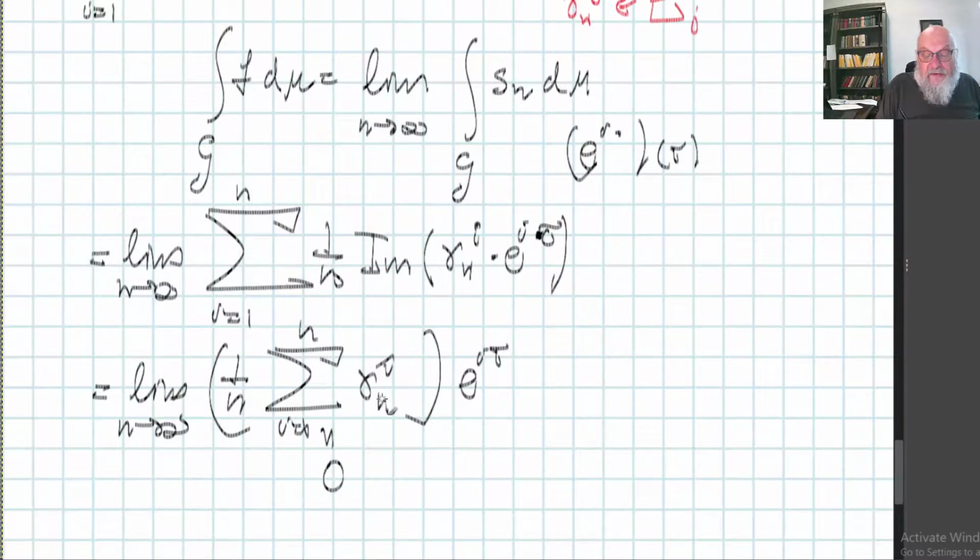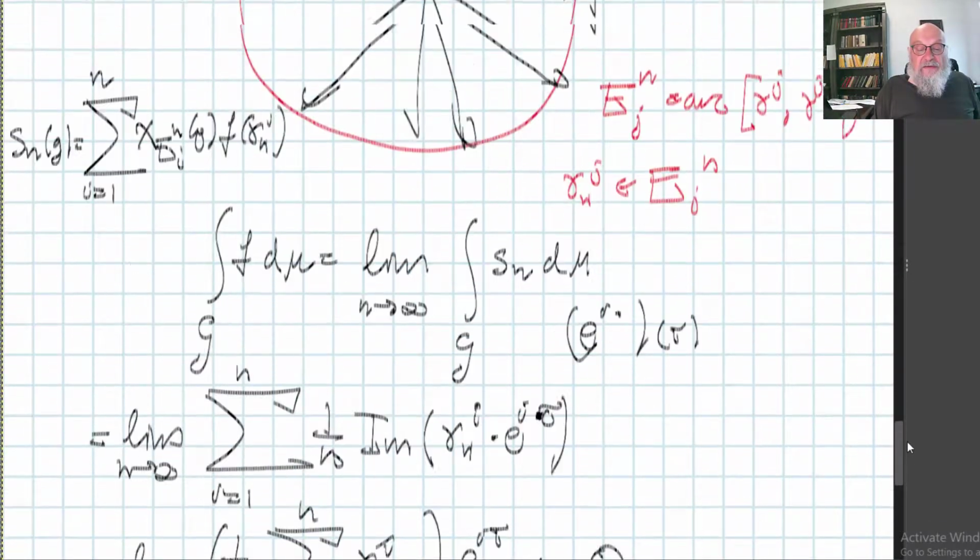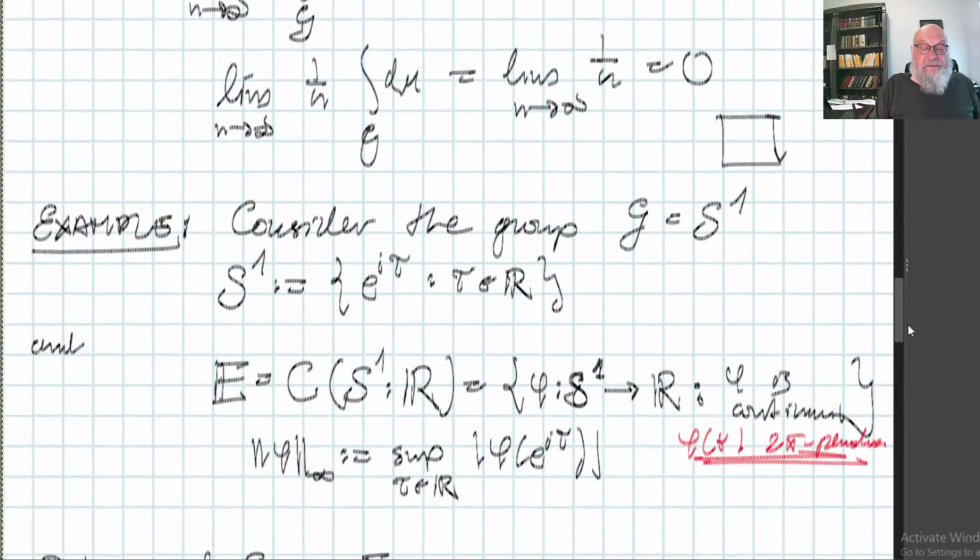That one is equal to 0, because this is the sum of all roots of the identity of order n, so it must be equal to 0. So this integral is equal to 0.